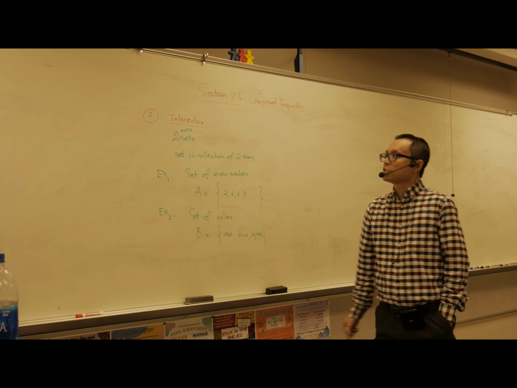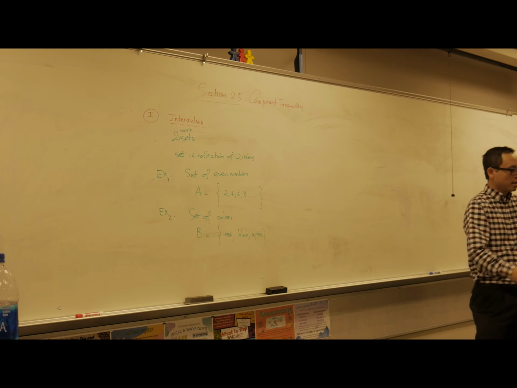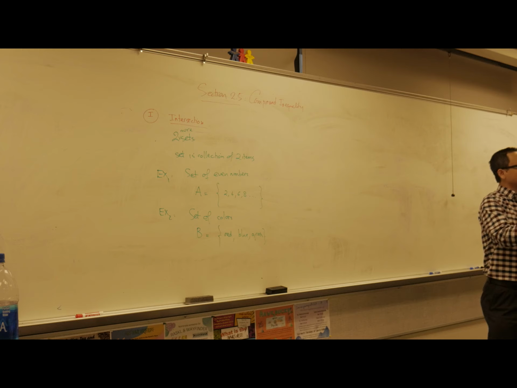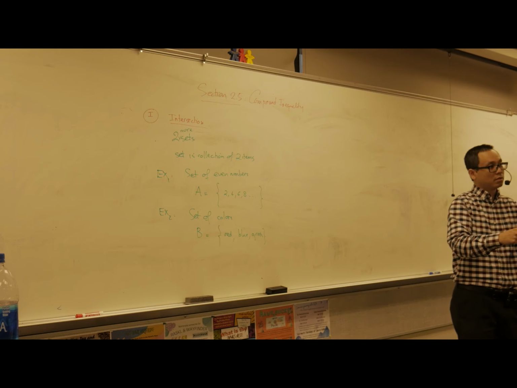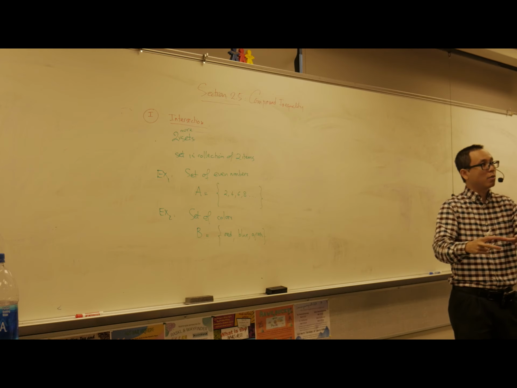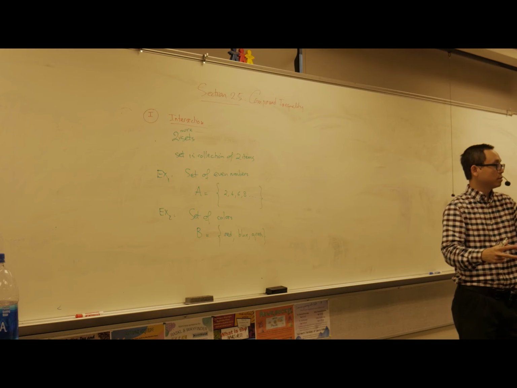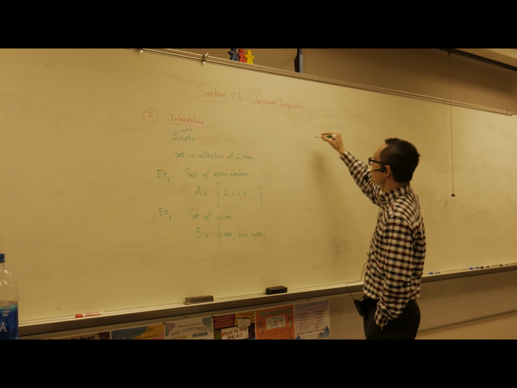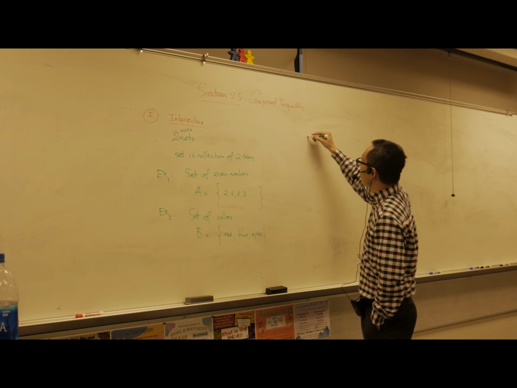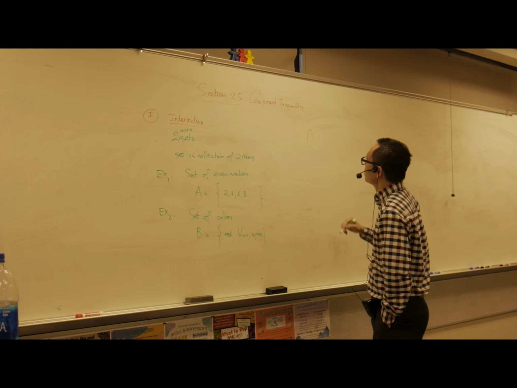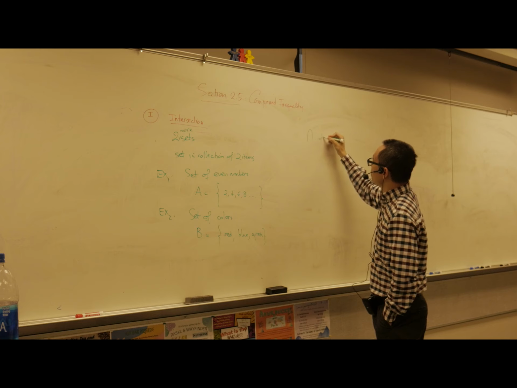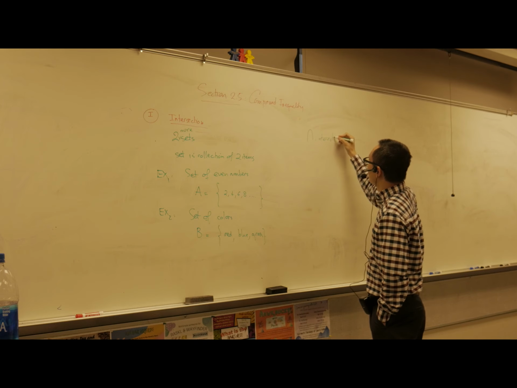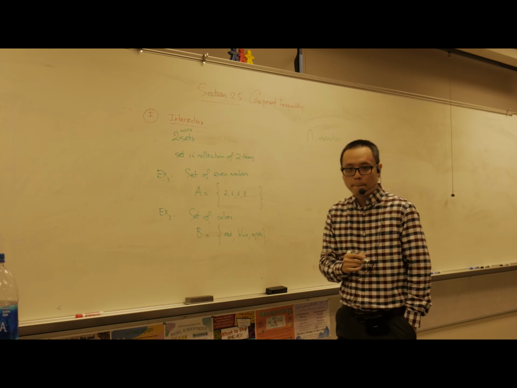Now let's go back to intersection. Intersection means the items that are shared in common between 2 sets or between 3 sets. The notation for intersection is the upside down letter U, like this. So this means intersection.